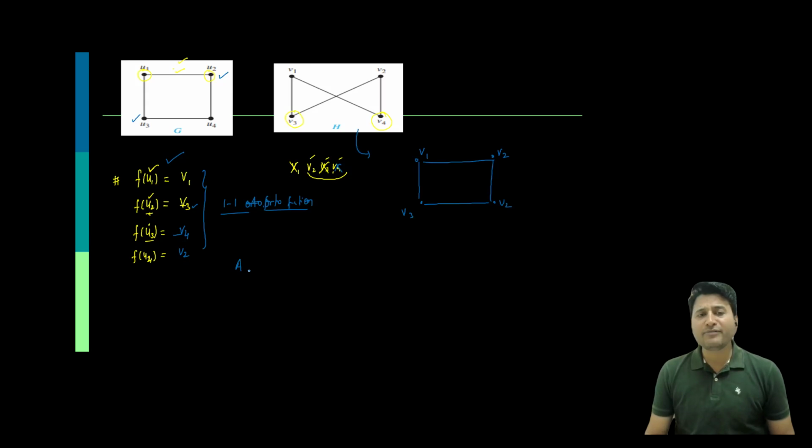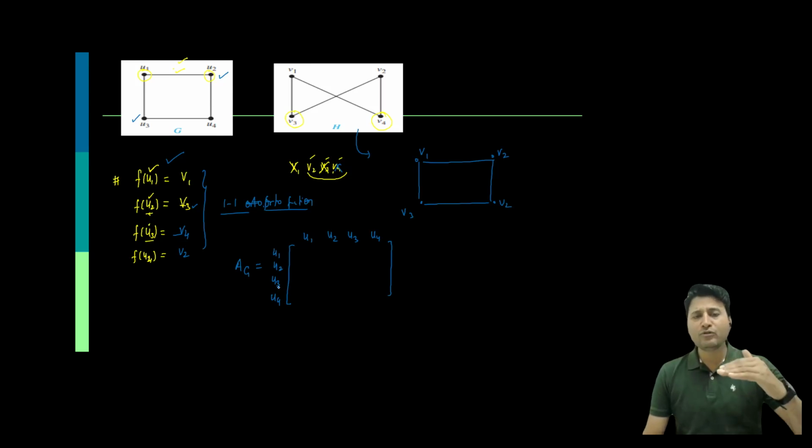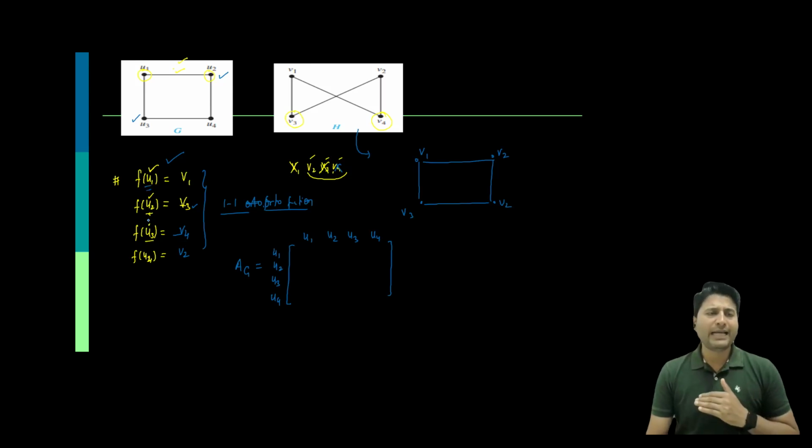Now, the second part of the definition: we are supposed to make the adjacency matrix for graph G and graph H with respect to the mapping. What does it mean, with respect to the mapping? Let us try to understand it carefully. In graph G, I listed U1, U2, U3, U4 in the same order as in the mapping.